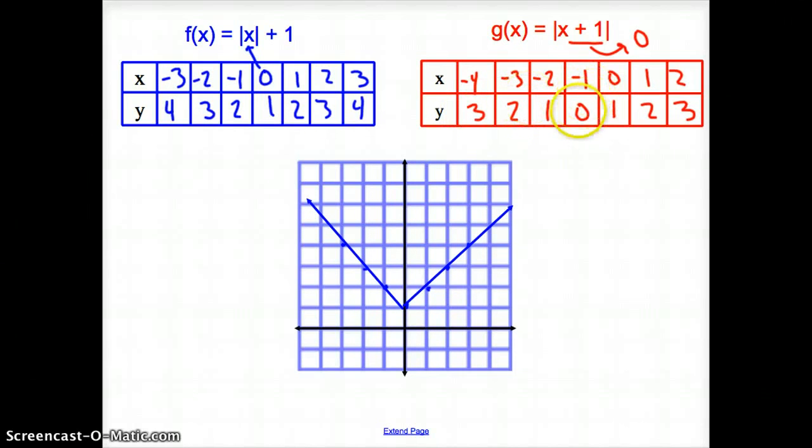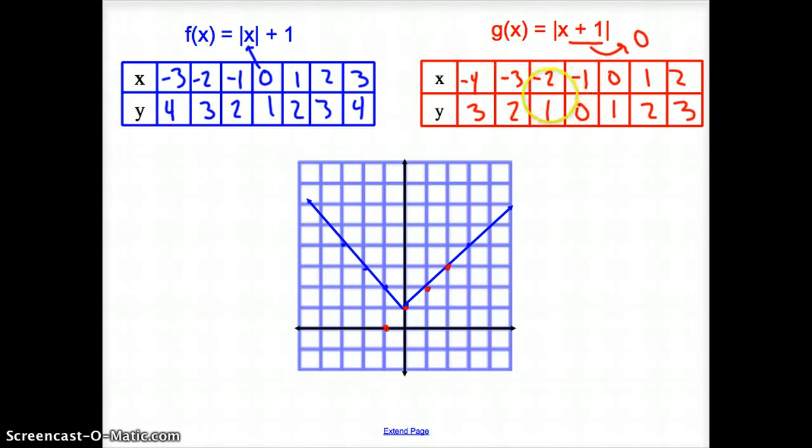So now let's graph this. So it goes -1, 0. So I go -1, down 0, put a point. Then I go 0, 1, 1, 2, 2, 3.